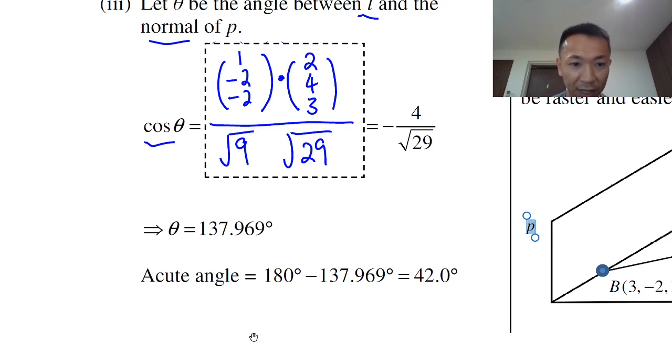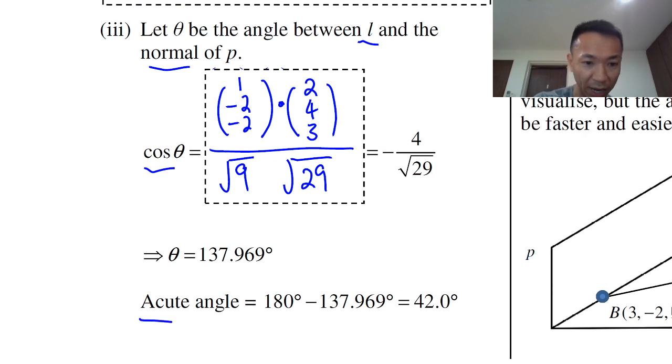You press calculator, you realize that this angle happened to be obtuse. So recall, what do we do with obtuse? Because you only want the acute angle, so you take 180 minus the obtuse angle. Then you will get the acute angle. Yep. That's that.